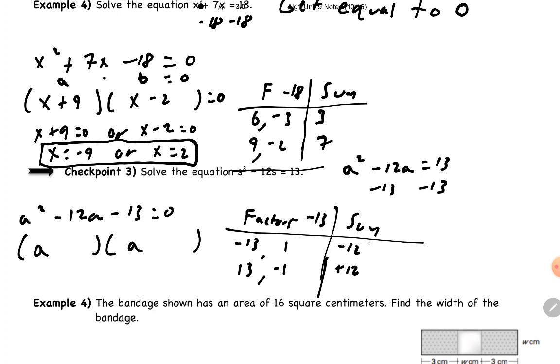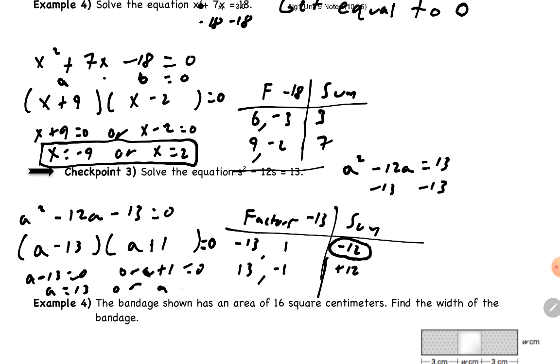So this is the one we need. So a minus 13, a plus 1, set that equal to 0. So either a minus 13 equals 0 or a plus 1 equals 0. So a equals 13 or a equals negative 1.